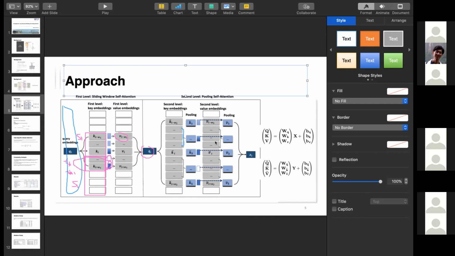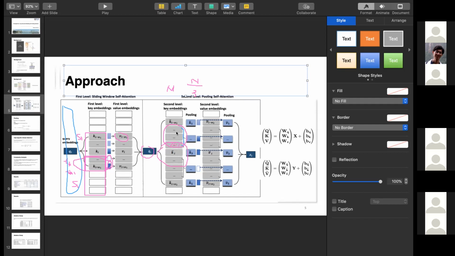Suppose the window size is n, and the pooling size is 3, generating 3 poolings. We'll just have n over 3, right? The pooling will not overlap. Not necessarily, because it also has a stride number. Suppose we have a stride here, and the next time I stride here, how will these embeddings be calculated? They are shared.